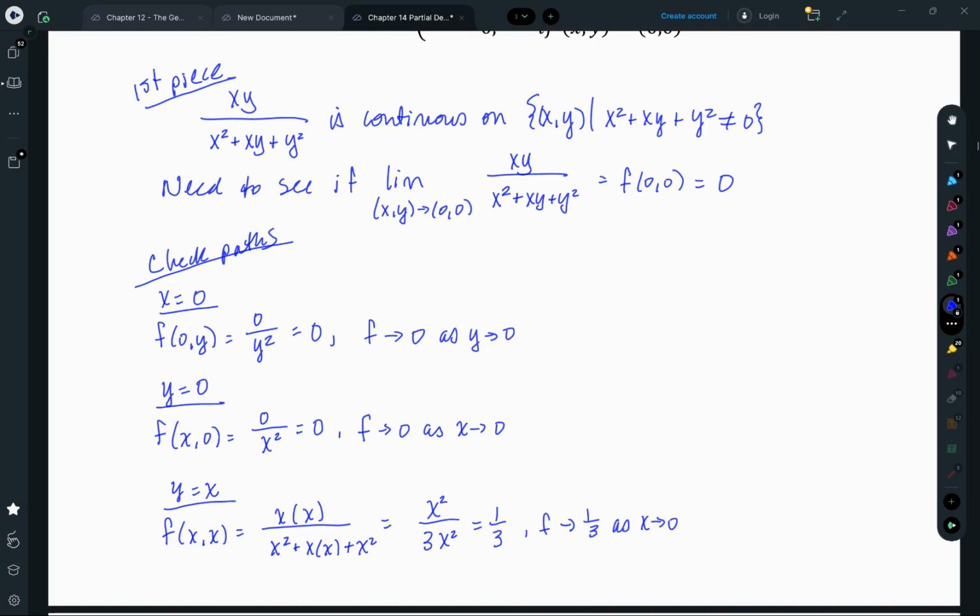We got two different limiting values, and they were path dependent. So what we can say here is that getting 0 and 1/3 as limit values means we don't have one unique limit.